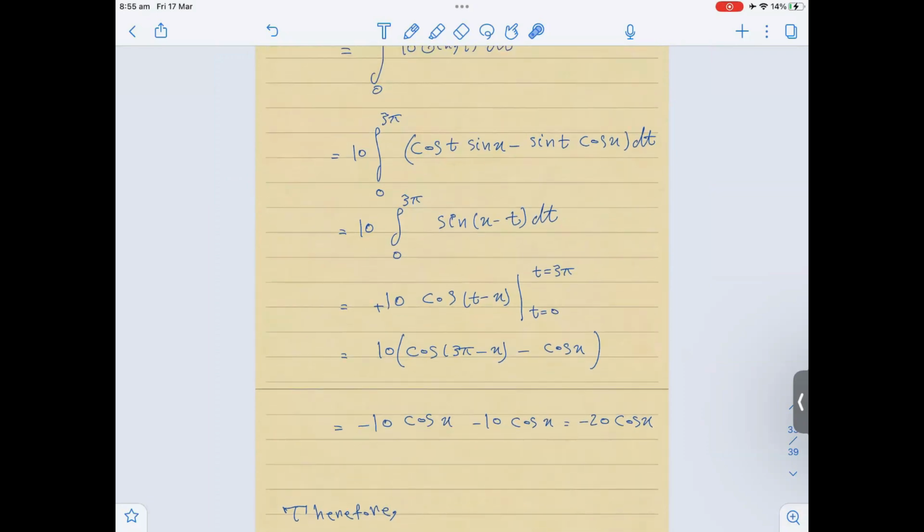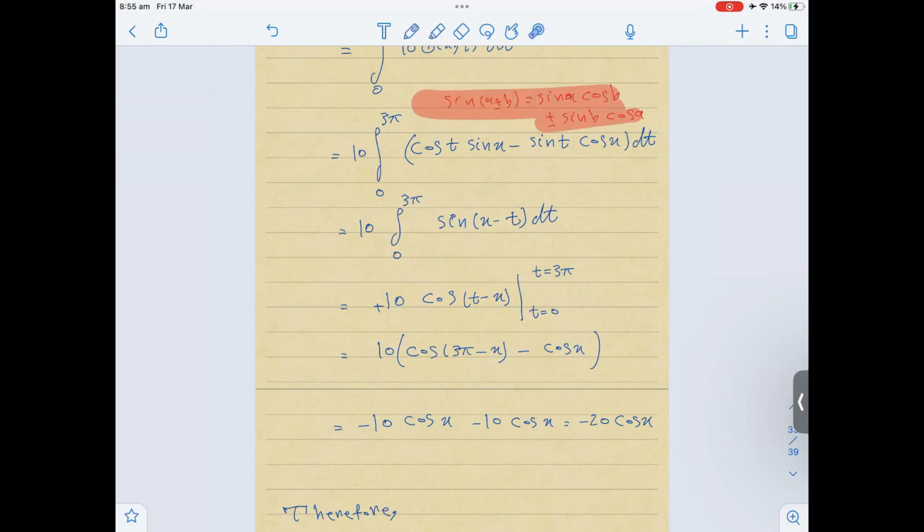So the important thing is that sine of a plus b is equal to sine of a cos of b plus sine of b cos of a. That comes from this part.